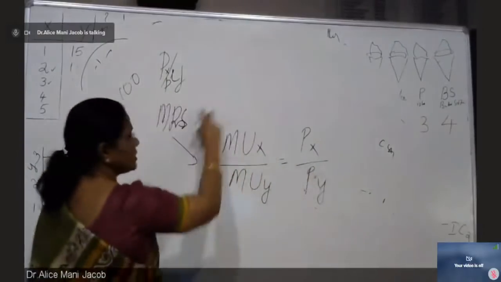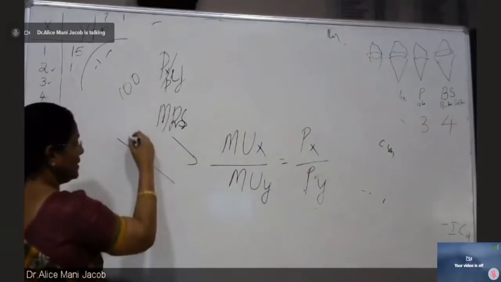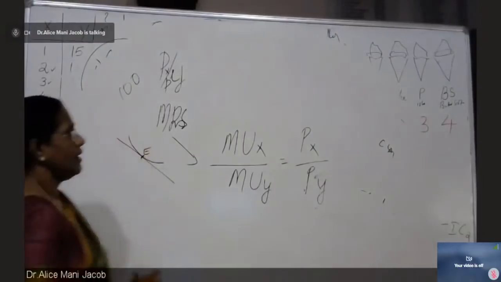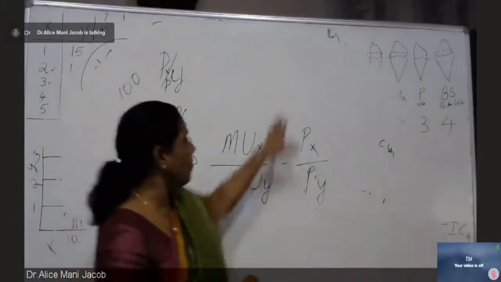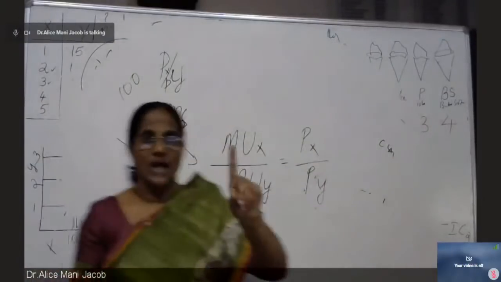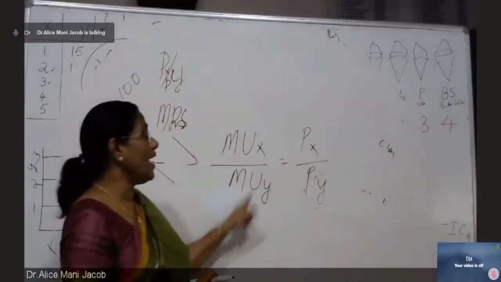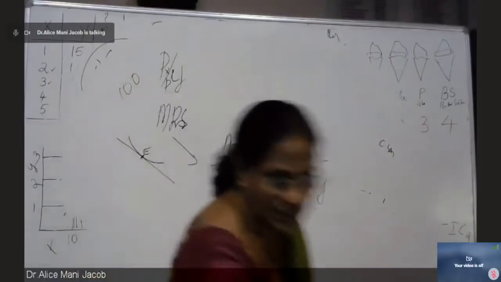So this is the slope of the indifference curve. At the point of tangency E, the slope of the indifference curve and the slope of the budget line both are the same. MUX by MUY is equal to PX by PY. Isn't it the same as what you learned earlier?